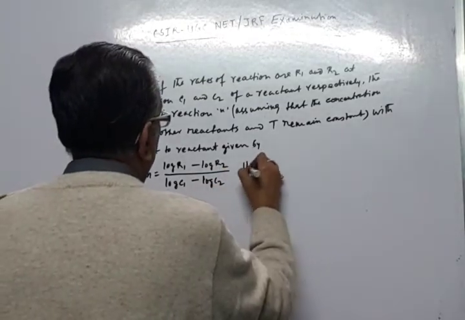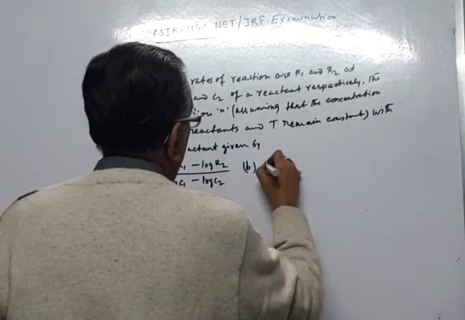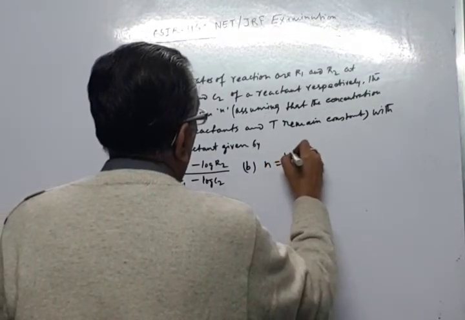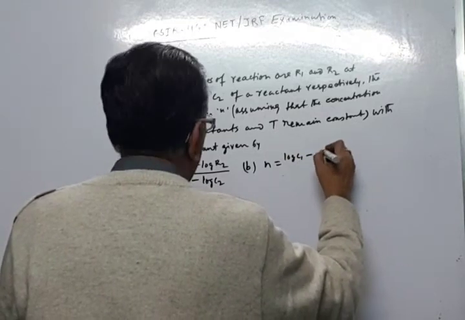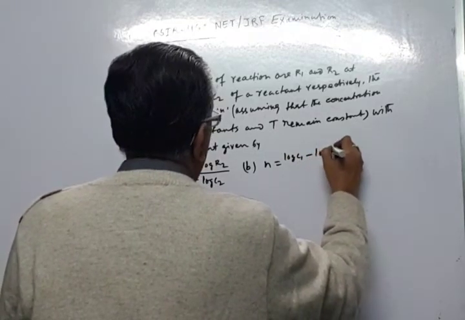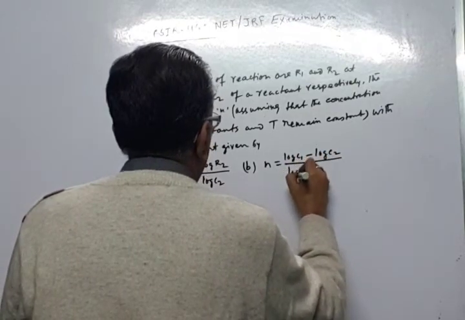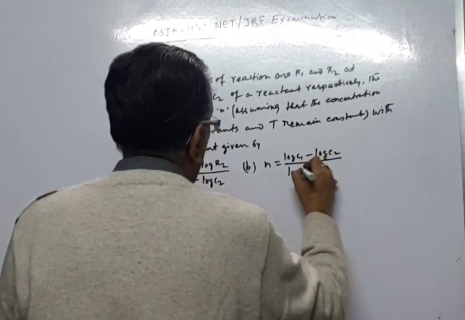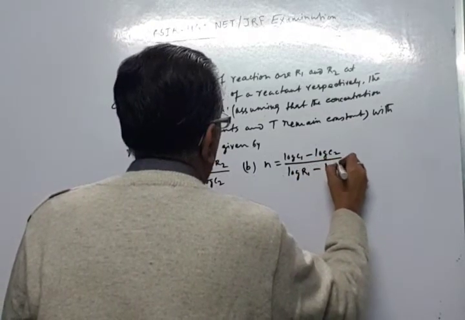B, n equal to log C1 minus log C2 by log R1 minus log R2.